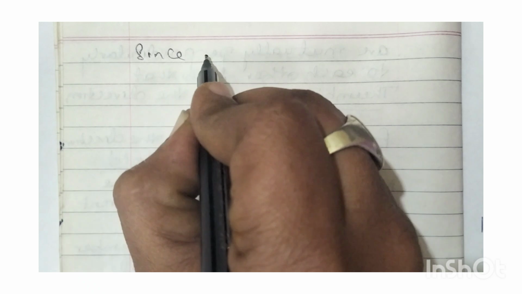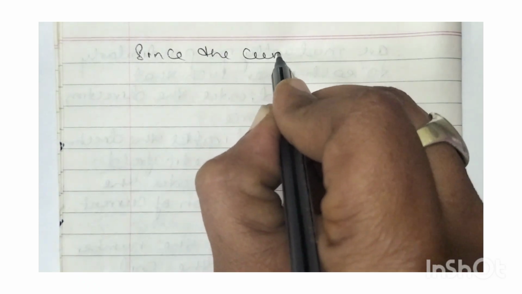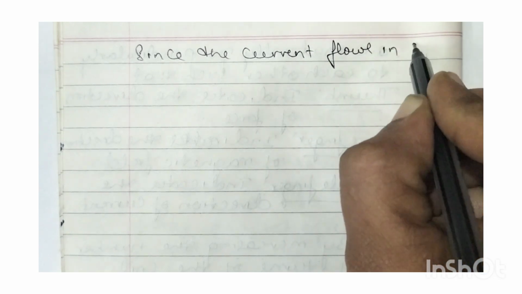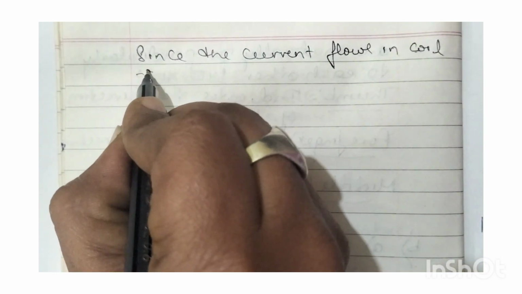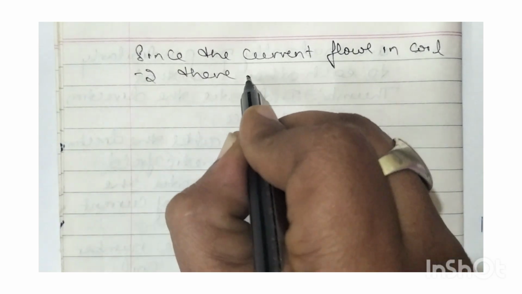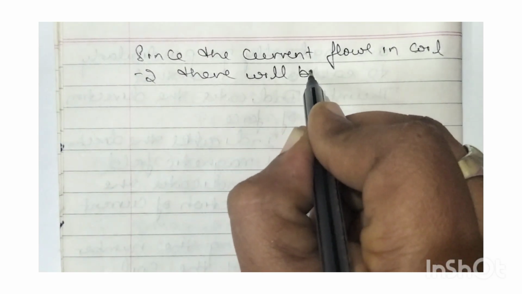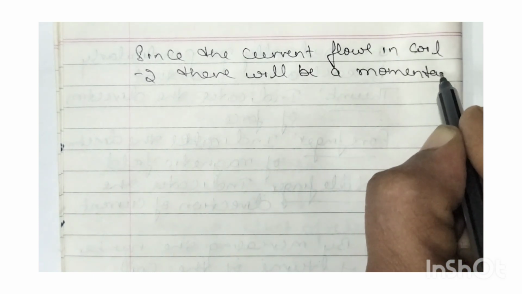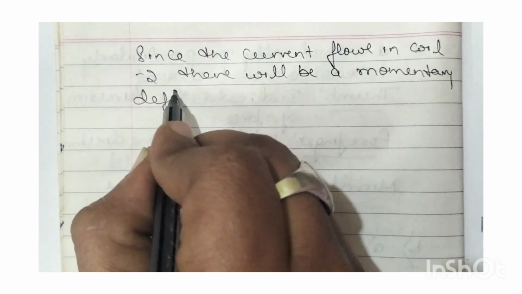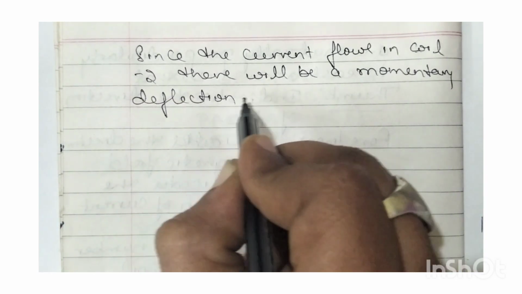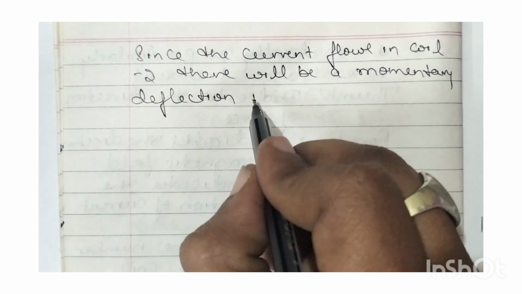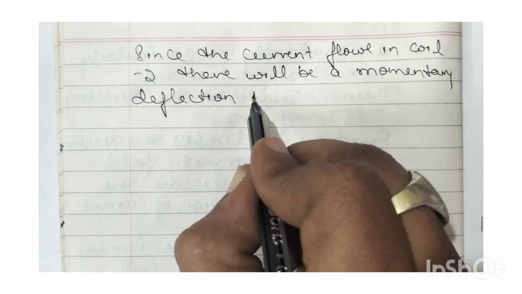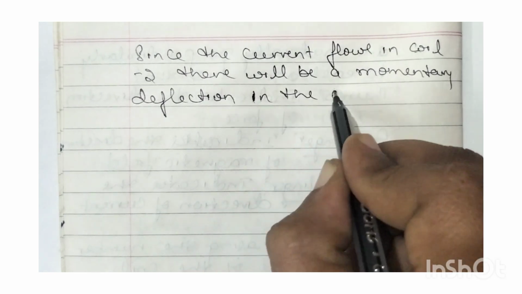Since the current flows in coil 2, there will be a momentary deflection in the pointer of the galvanometer.